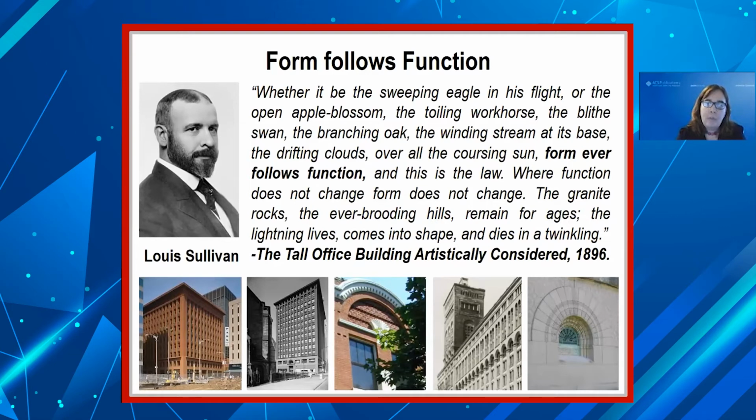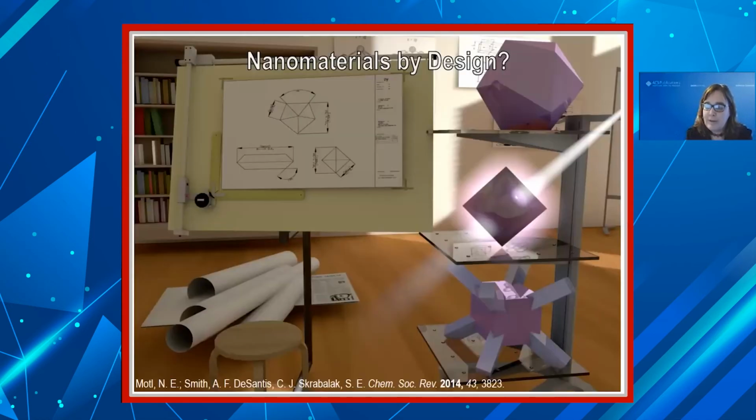And so with this point in mind, I put forward the following idea, which is, could we achieve nanomaterials by design? That is, if we understand the size and shape dependent properties of inorganic solids, it should be possible for us to identify specific nanomaterials that would have the properties that are ideal for a particular application.